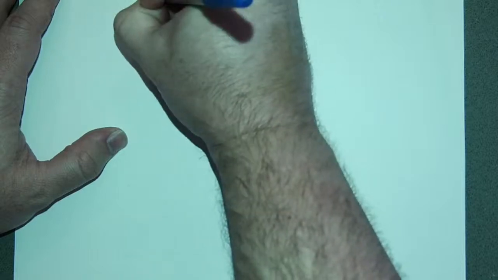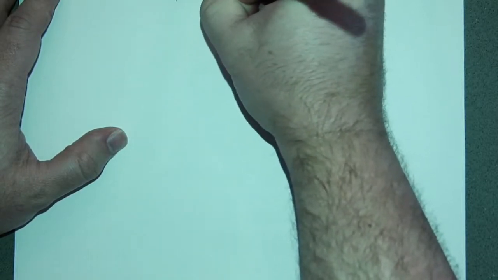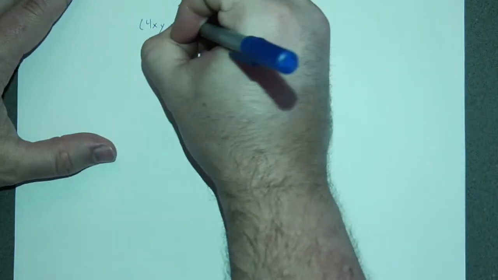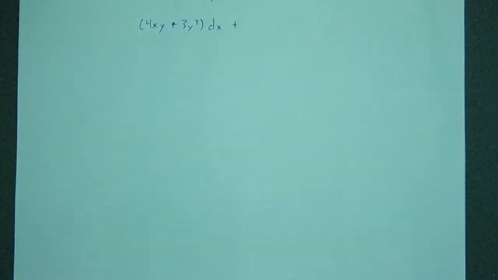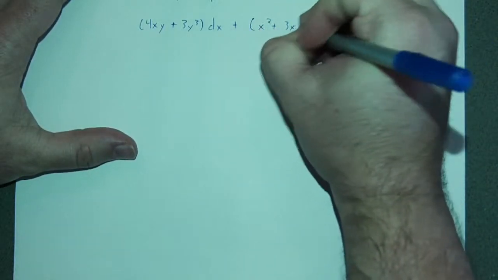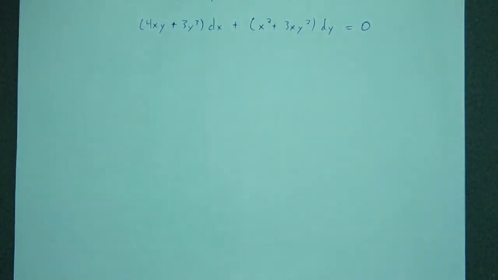So find an implicit general solution to the equation (4xy plus 3y cubed) dx plus (x squared plus 3xy squared) dy is equal to 0. Okay.